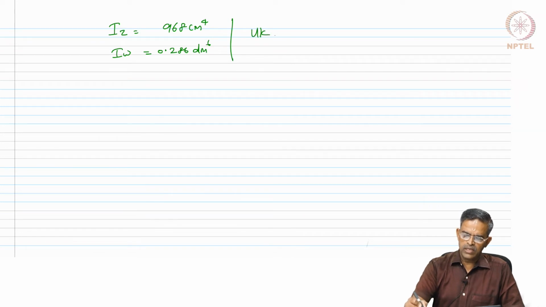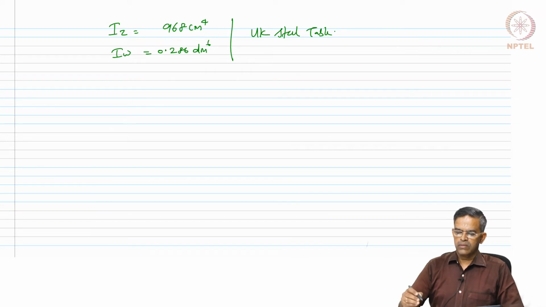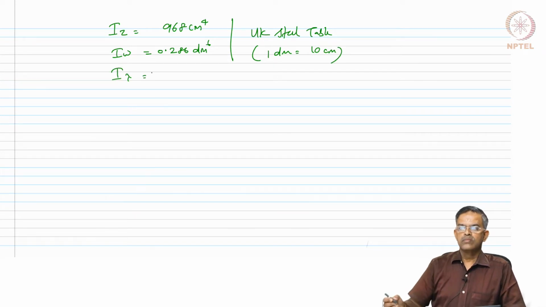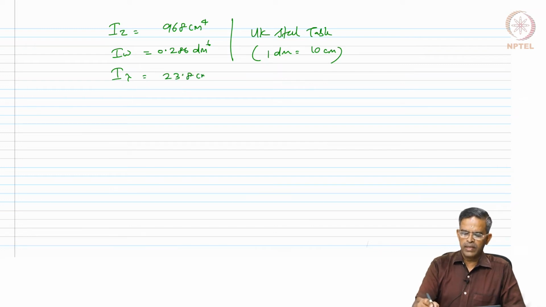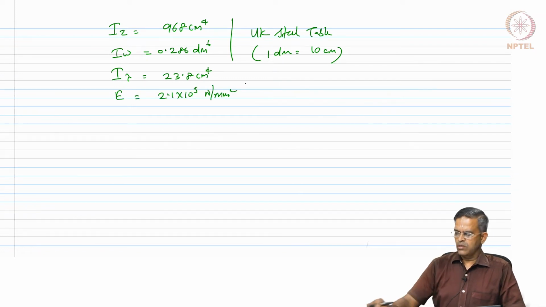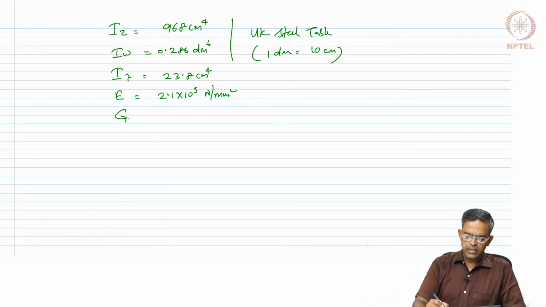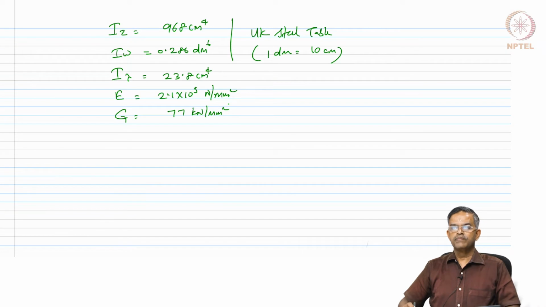This is given in UK steel tables. I am just taking the value directly from there. 1 decimeter is 10 centimeter. Let us have this correction here. I tau is 23.8 centimeter 4 and E of course is 2.1 10 power 5 Newton per millimeter square, and G is 77 kilonewton per mm square. Now, we know all the values.